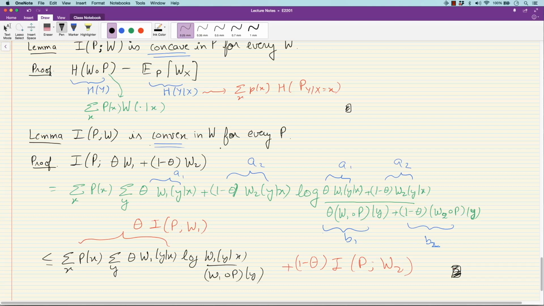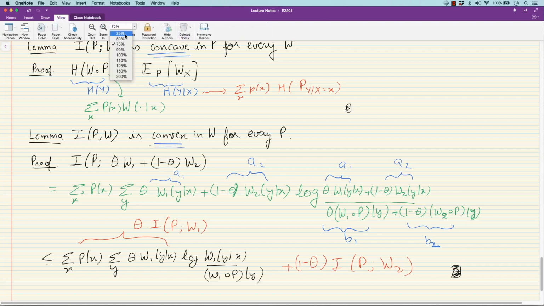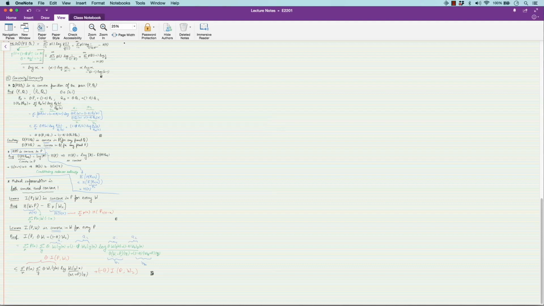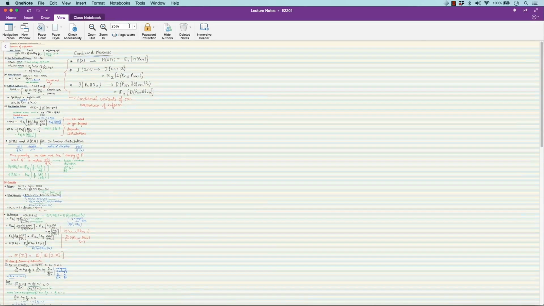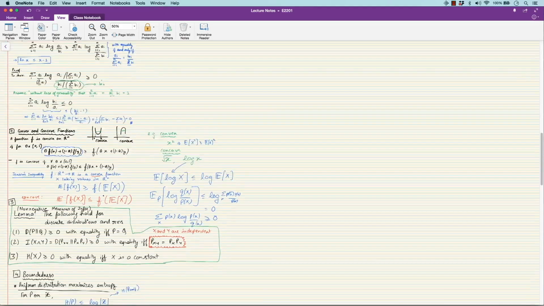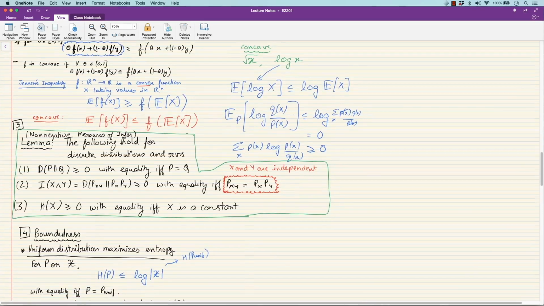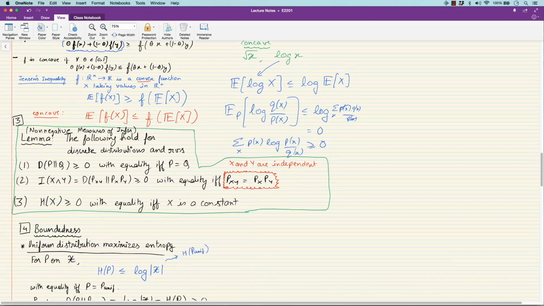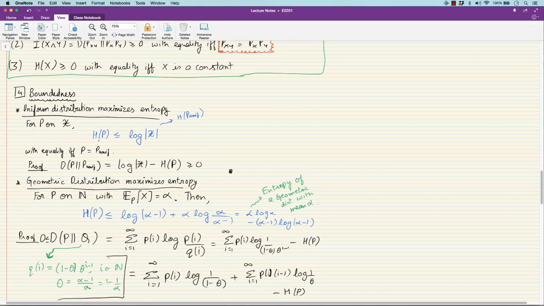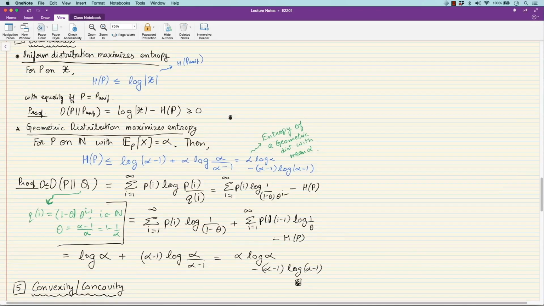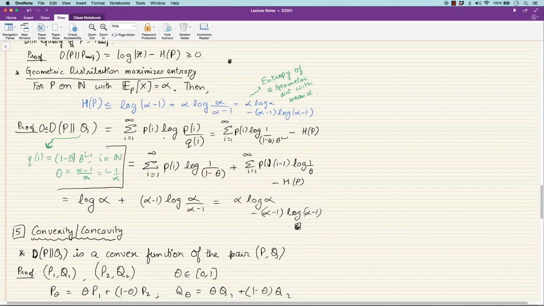In summary, this concludes this lecture. There are many properties we have seen. Let me quickly go over them. It's a long lecture. We have seen that all these measures of information are non-negative. Then we saw that entropy is bounded by log of the cardinality of X if it is finite, with the uniform distribution achieving it, and by the entropy of a geometric distribution with mean alpha if the mean of X is alpha.